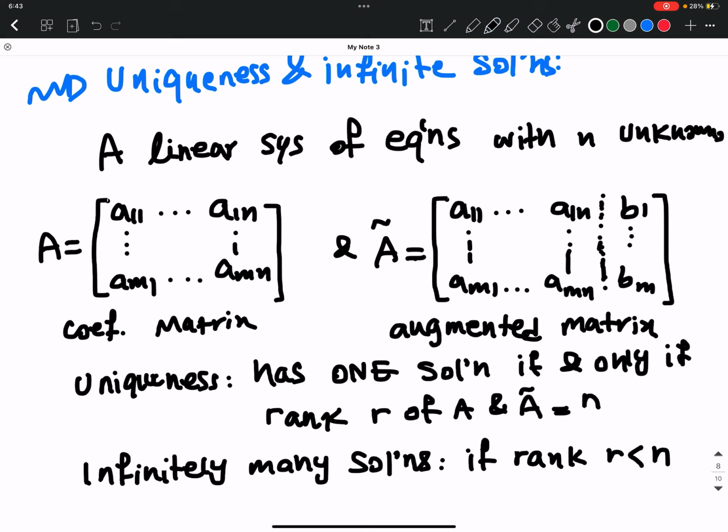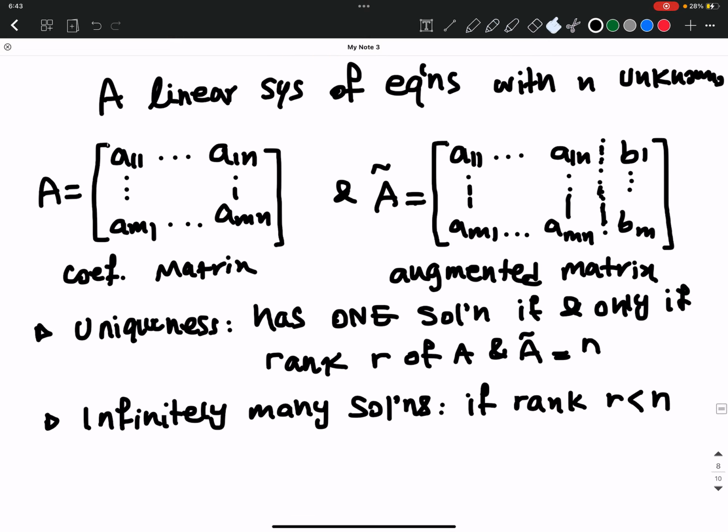Then we can have infinitely many solutions. So this is how we define uniqueness and infinite solutions.